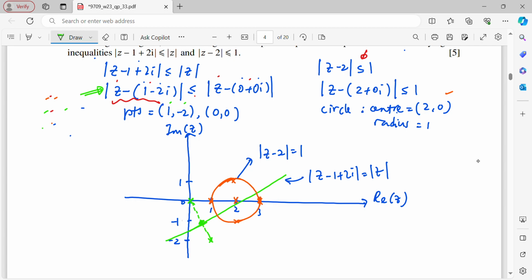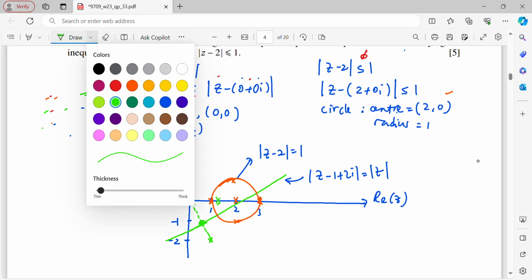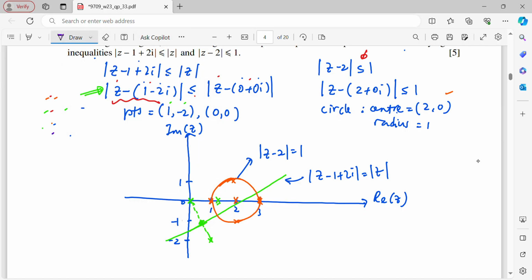Because my points must be inside the circle, it's just whether it's the upper part or lower part. So if I take this point, this is the first distance, and from here to 1, negative 2, this is the second distance.